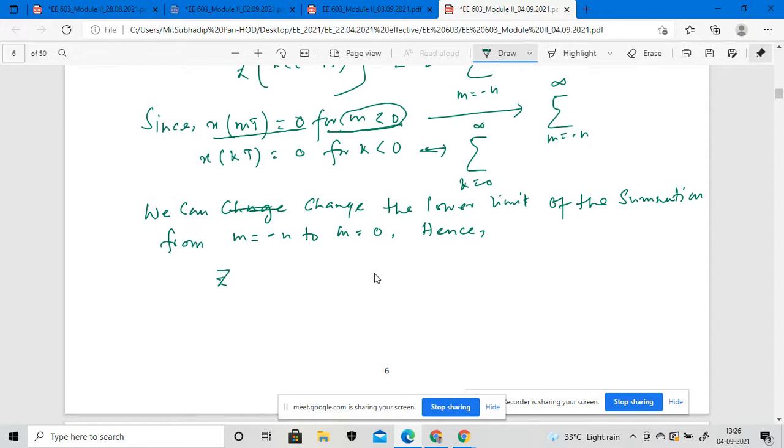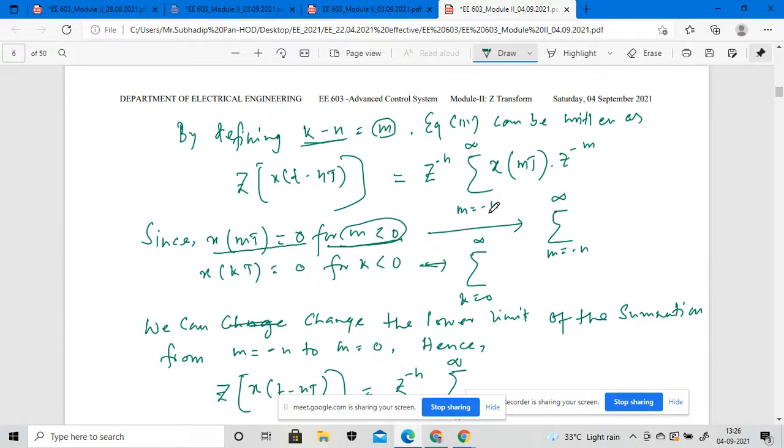The z transformation of x of t minus nT is equal to z to the power minus n, summation of m equals 0 to infinity. That means we are only changing the lower limit. In the previous equation the m value would be minus n, as we defined k minus n equal to m.